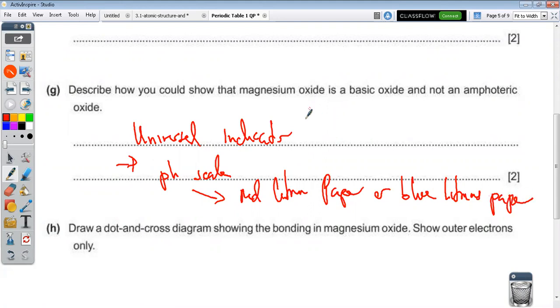So to test if something is an acid, then an alkali.